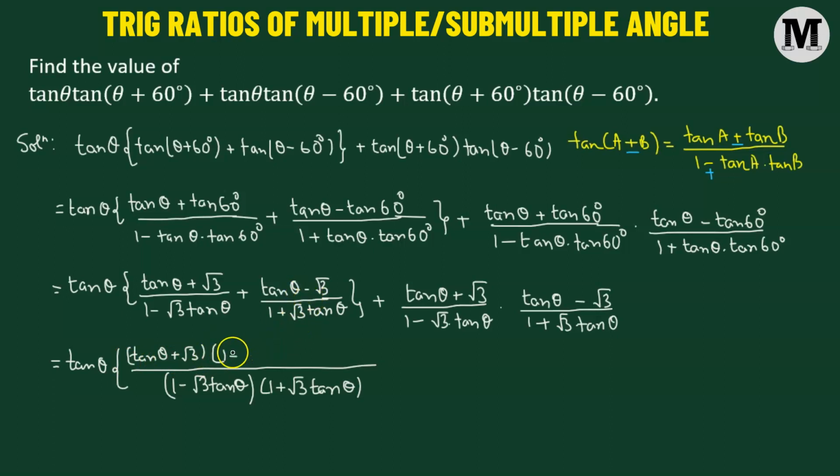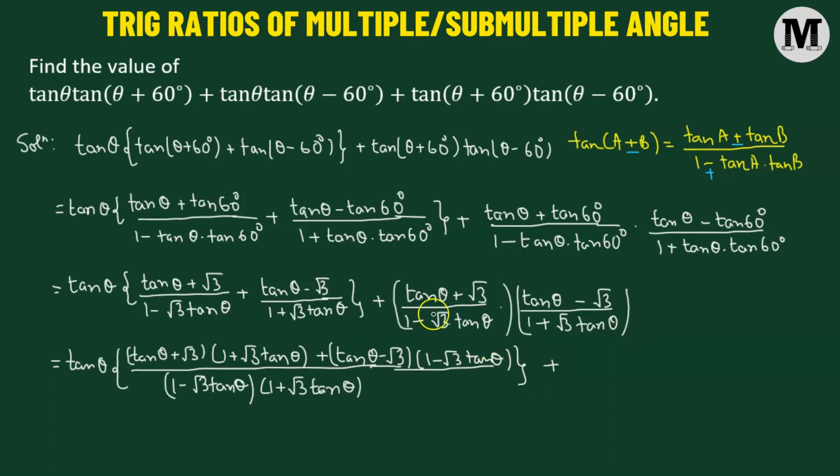So that's 1 plus square root of 3 times tangent of theta. Added to, we will take tangent of theta minus square root of 3, the term in the numerator of the second term, and multiply it to the denominator of the first term. So that's 1 minus square root of 3 times tangent of theta.